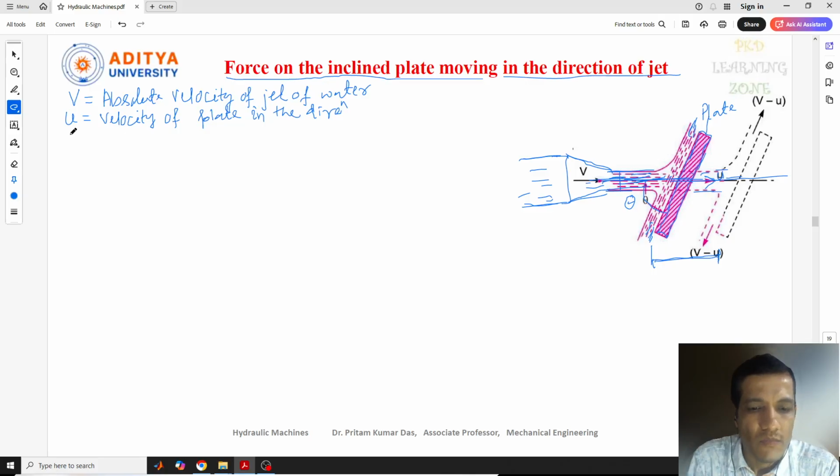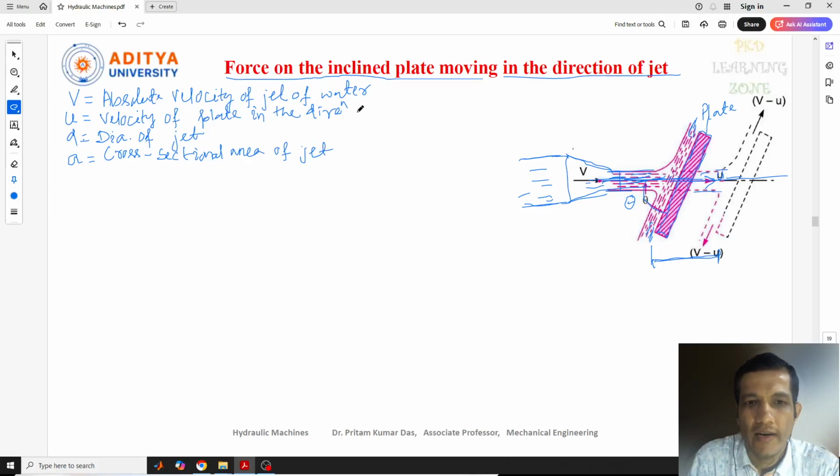Now next is d. This is the diameter of the jet, and from this diameter of the jet we can calculate the cross sectional area. So next is the cross sectional area of jet.